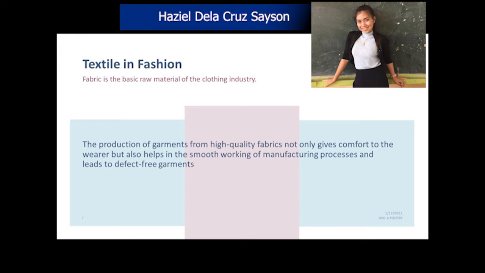The production of garments from high quality fabric not only gives comfort to the wearer but also helps in the smooth working of manufacturing processes and leads to defect-free garments. Clothes were turned into something new and more beautiful, and this makes humans buy anything that is new.